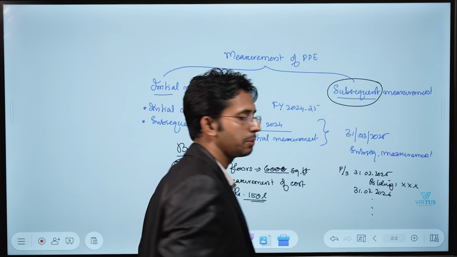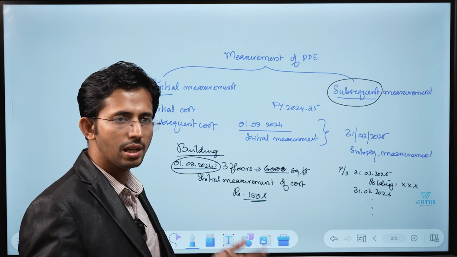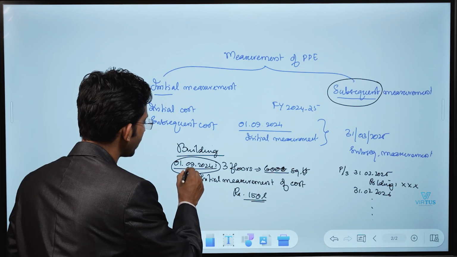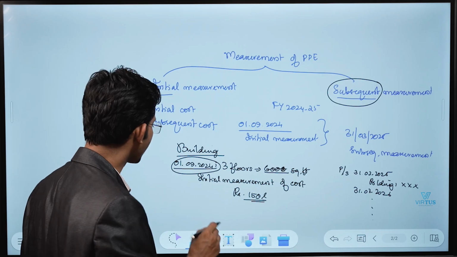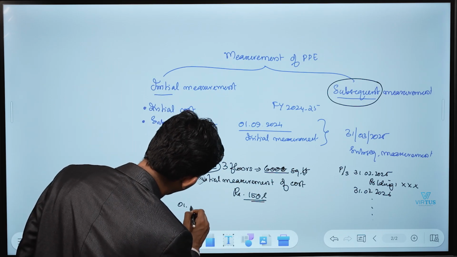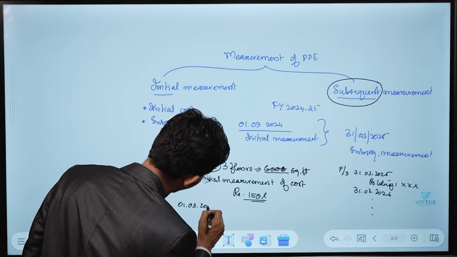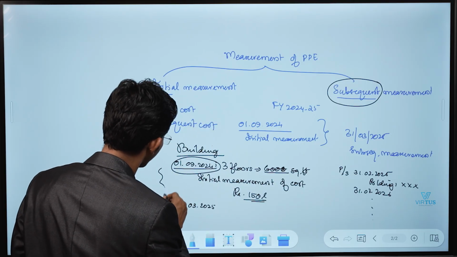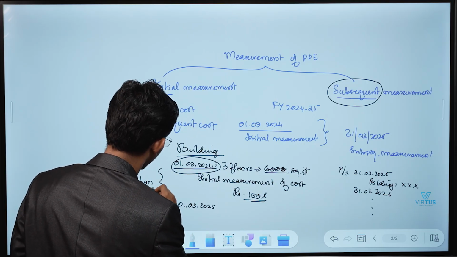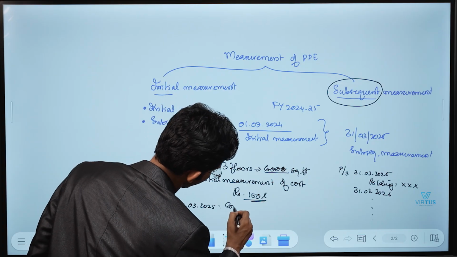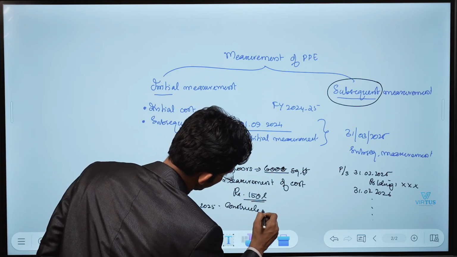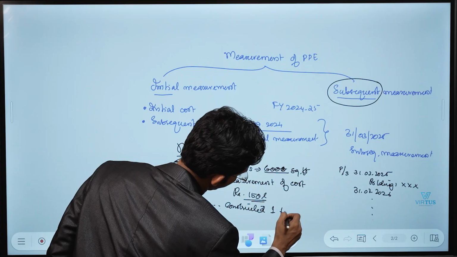Subsequent measurement. Now suppose on 1st September we had 6,000 square feet, 3 floors. Now let us assume on 1st of March 2025, that is almost 6 months later, they added one more floor, constructed one floor.